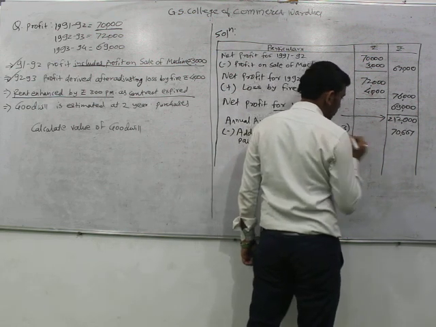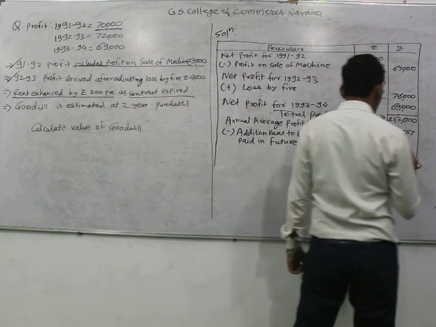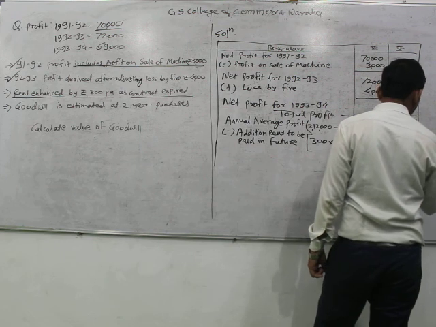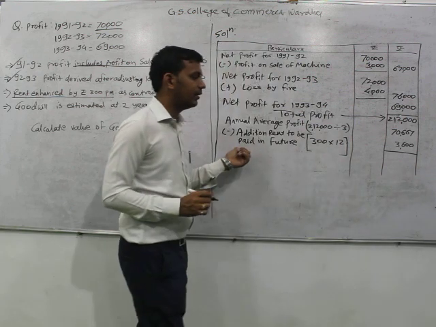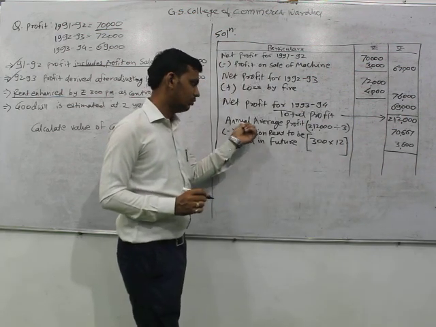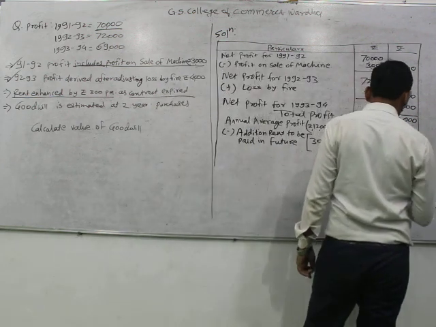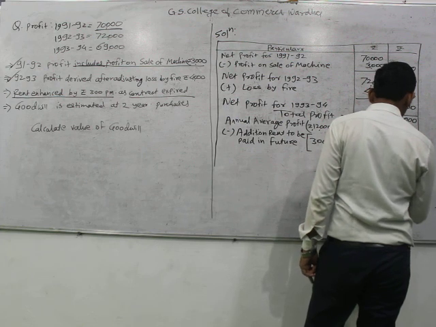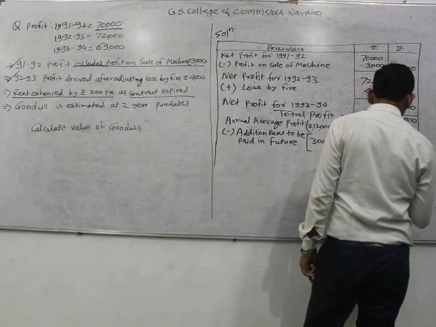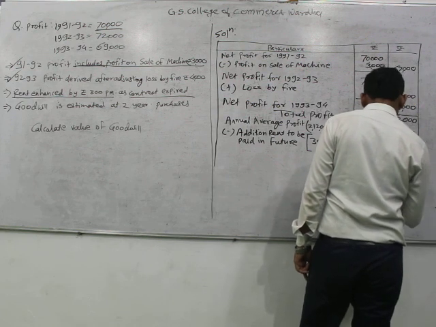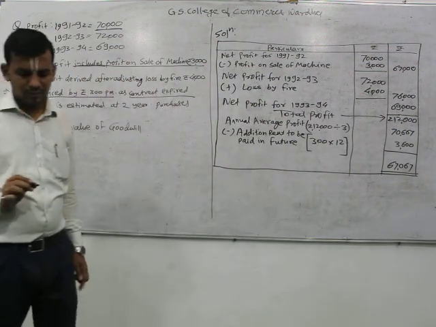In a year there are 12 months, therefore 300 into 12 is equal to 3,600. As it is an expenditure, it needs to be deducted from the average annual profit, that is 70,667 minus 3,600, which equals 67,067.